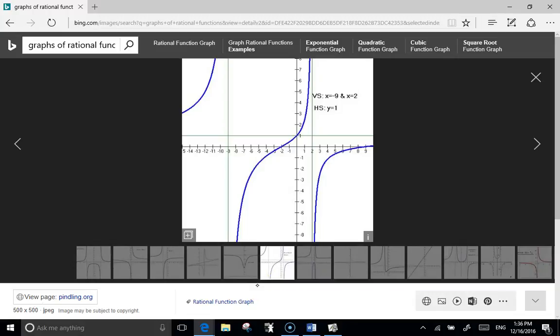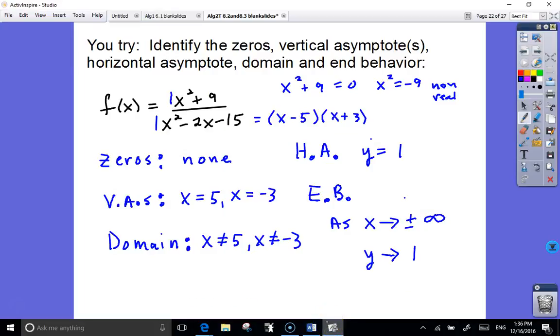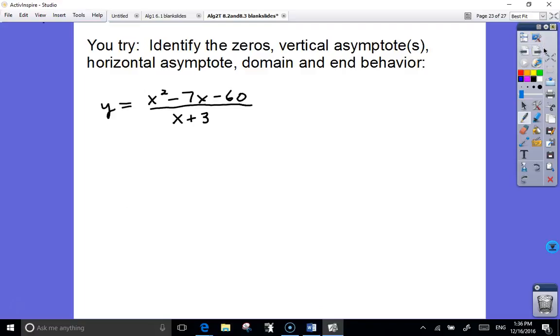If I had another horizontal line there that the graph was approaching, it wouldn't be a function anymore. So you're never going to get more than one horizontal asymptote. You can get more than one vertical asymptote. Sounds like a good test question, though. Okay, try that one.